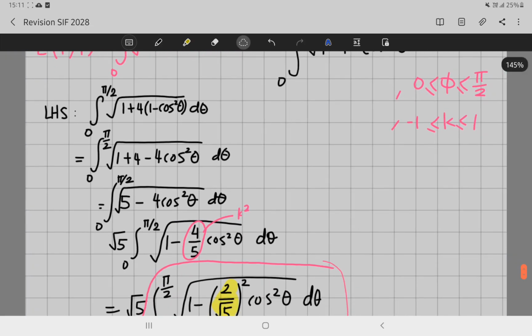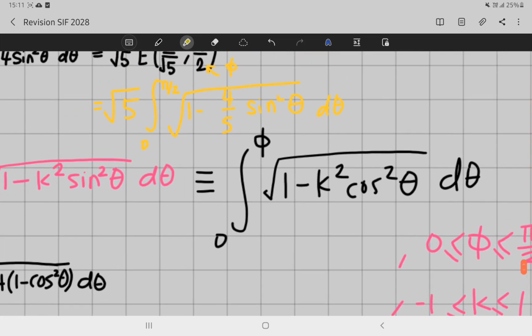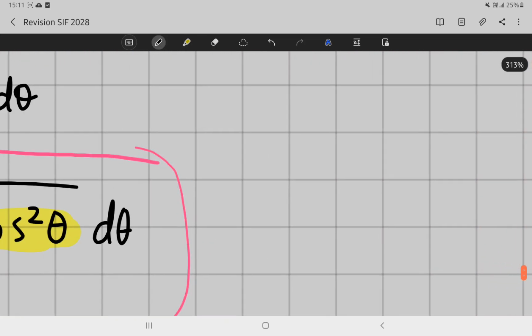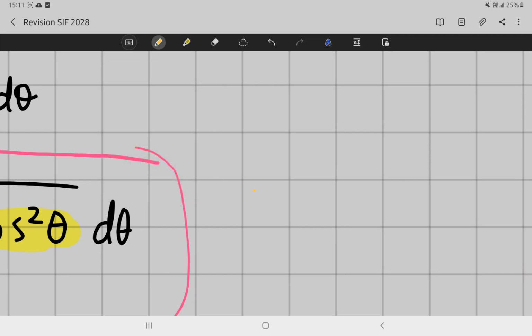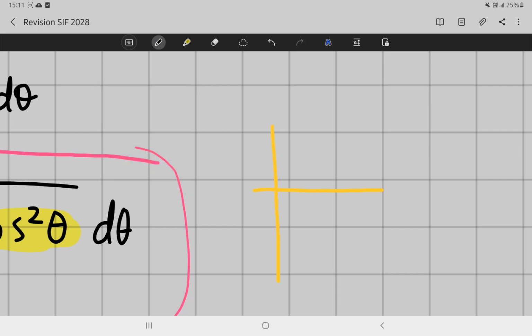Why? Because this is cosine square theta and that one is sine square theta. If you draw the basic graph of sine theta from 0 to pi over 2 only, it looks like that.